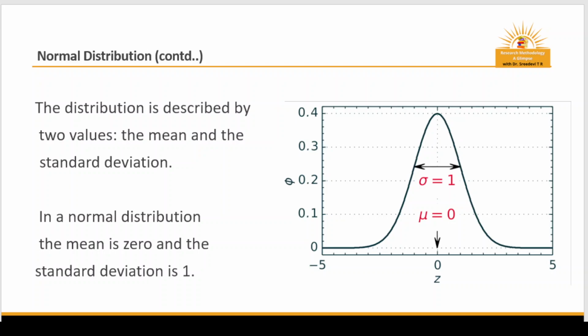Mean is the location parameter and standard deviation is the scale parameter. So once again, the area under the curve is 1, mean equals 0 and standard deviation equals 1. And the distribution is described by two values, the mean and standard deviation.